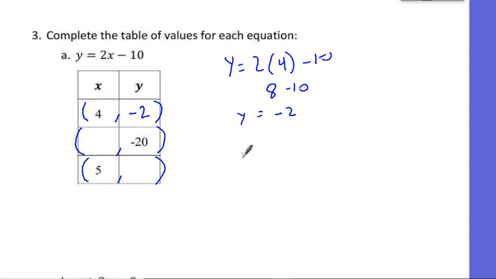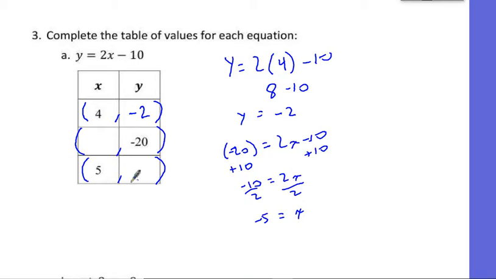The next time we're given a y coordinate, so negative 20 equals 2x minus 10. So we'll add 10 to both sides of the equal sign and get negative 10 equal to 2x. Divide by 2, x equals negative 5.